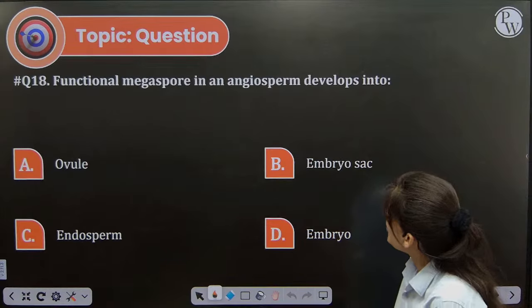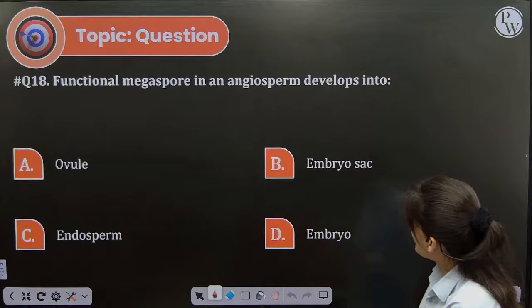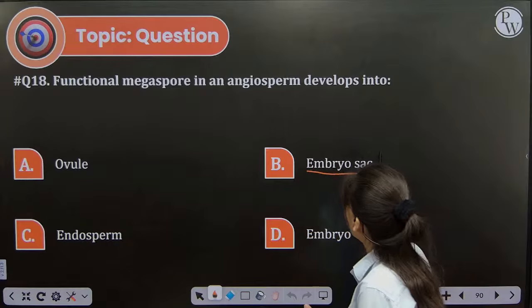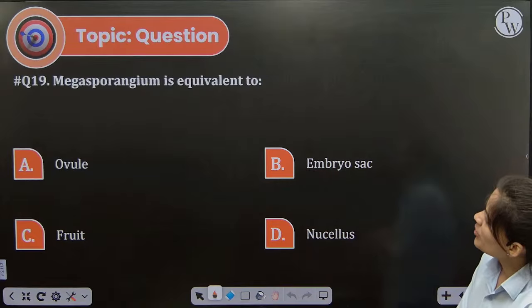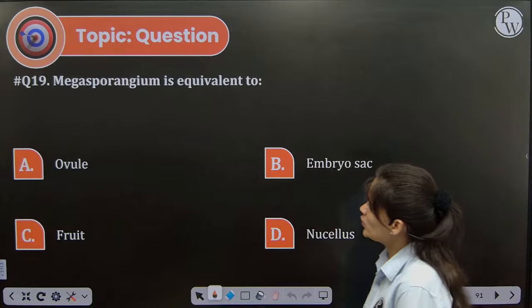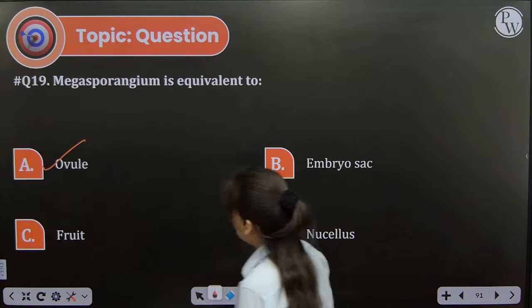The functional megaspore in an angiosperm develops into the female gametophyte, and that female gametophyte is the embryo sac. Megasporangium is equivalent to ovule.